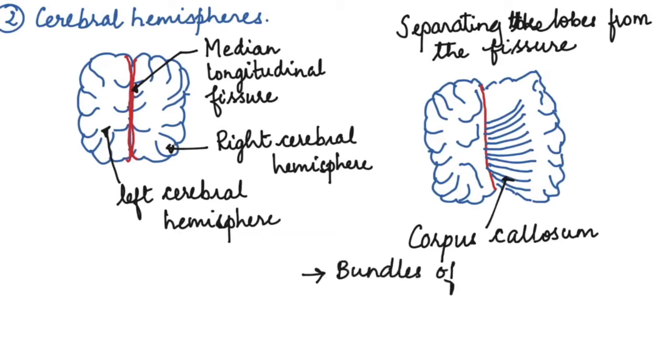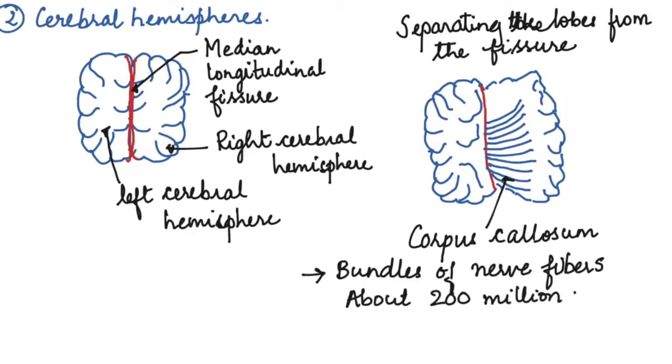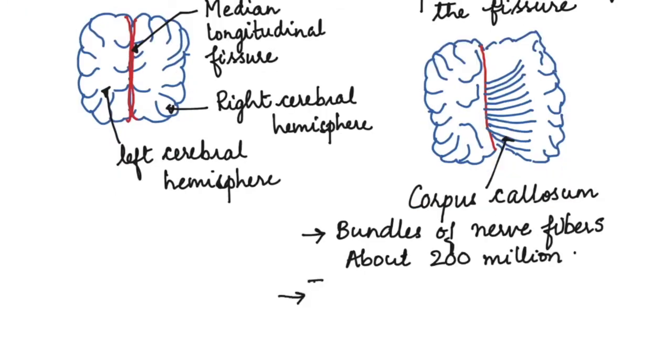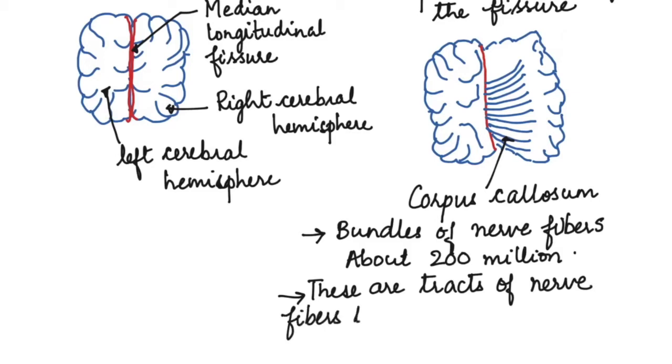In the cerebral cortex, you have all the cytons of the neurons, and the axons or the nerve fibers then move internally into the central region of the cerebrum. These bundles are about 200 million, and these tracts appear white in structure. This is called the corpus callosum. They help in connecting the left and the right cerebral hemispheres.